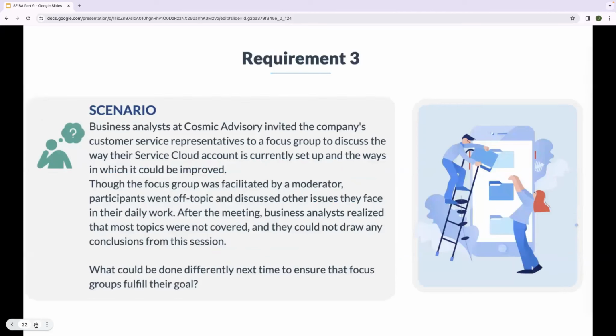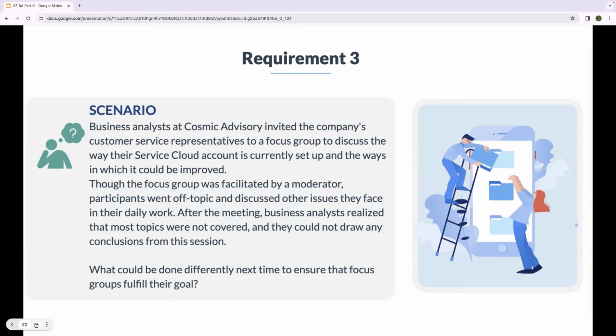The third scenario is the business analyst at Cosmic Advisory invited the company's customer service representatives to a focus group to discuss the way their Service Cloud account is currently set up and the ways in which it could be improved.